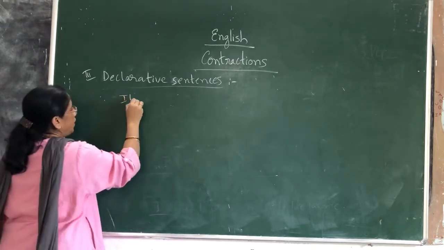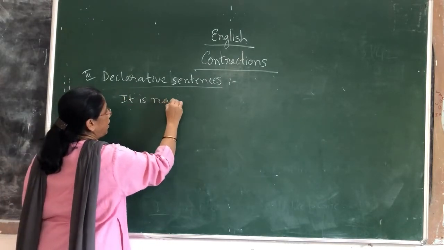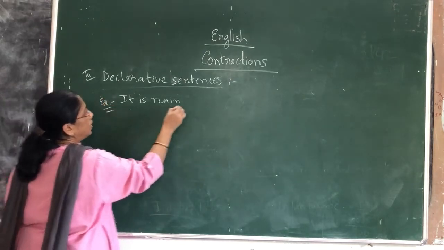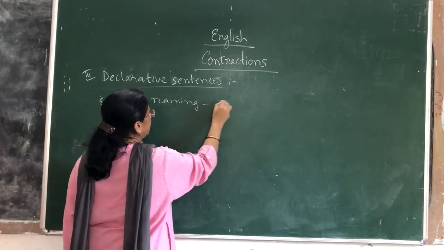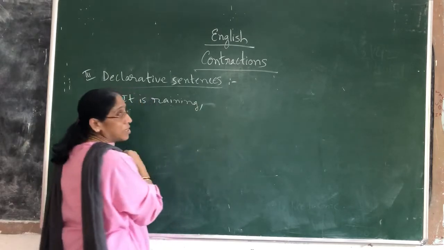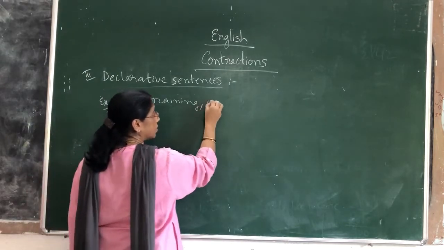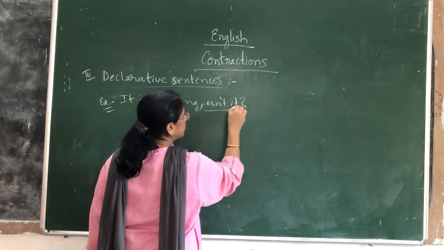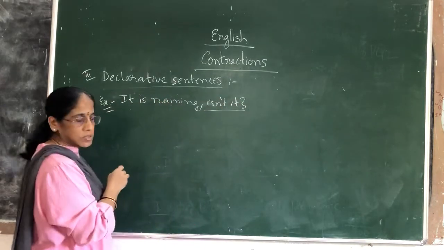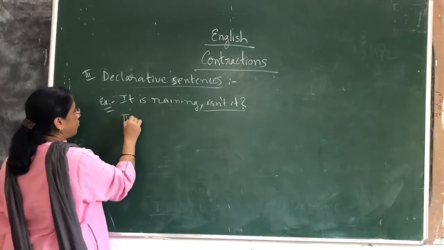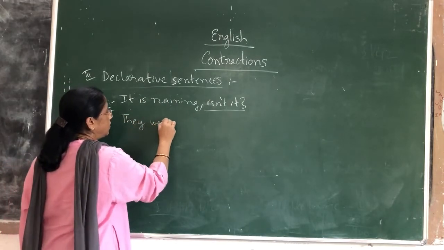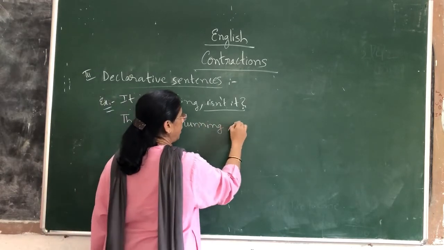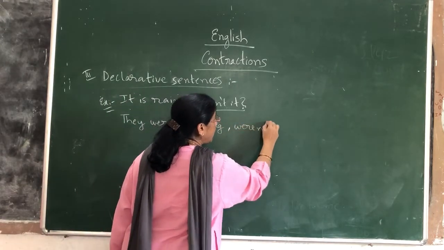Okay. It is raining. These are just examples of how they are used. I am just trying to explain. It is raining. What can you write? What is the question tag? Isn't it? What do you say, ma? Isn't it? Did you see the question tag being used here? Yes. Now, they were running. What can you write? Weren't they?